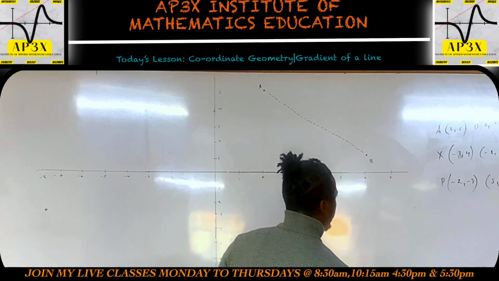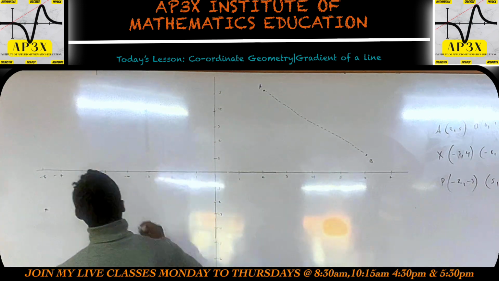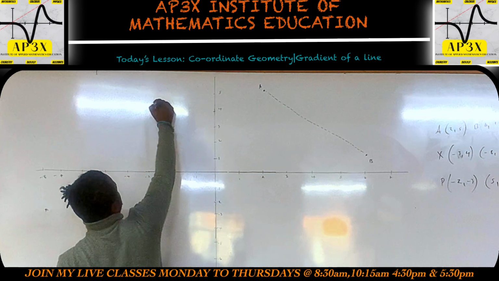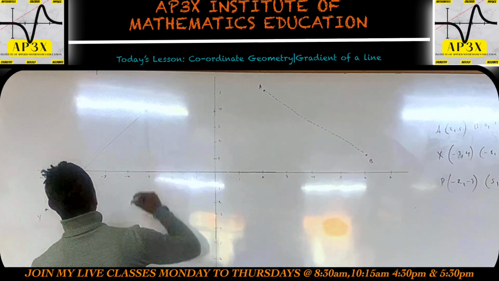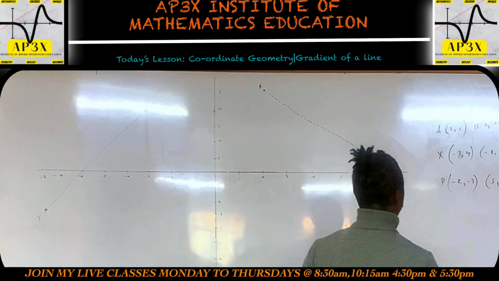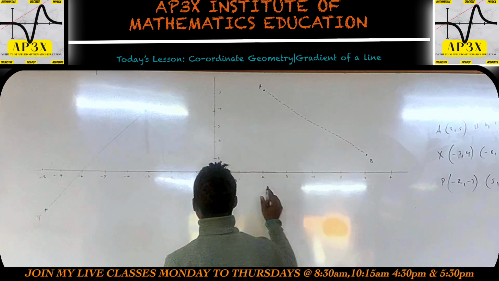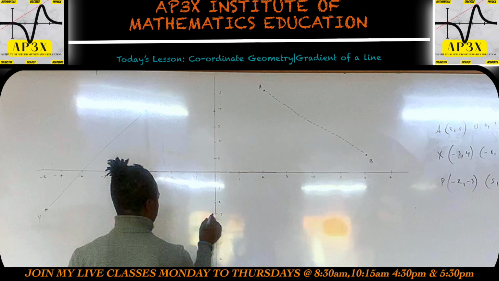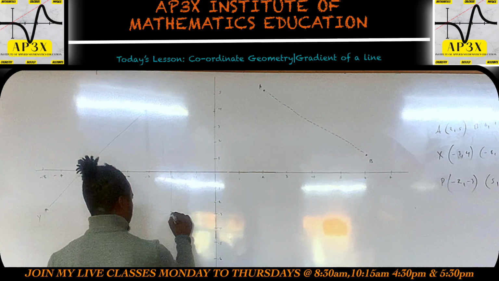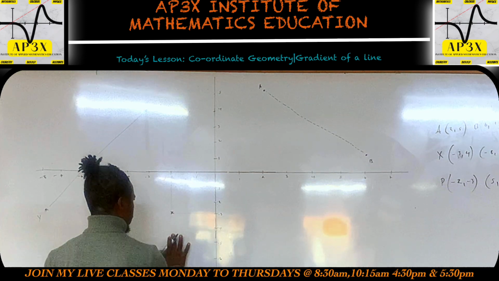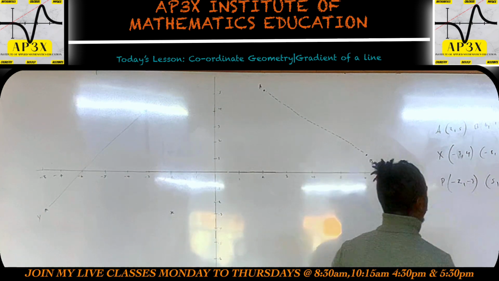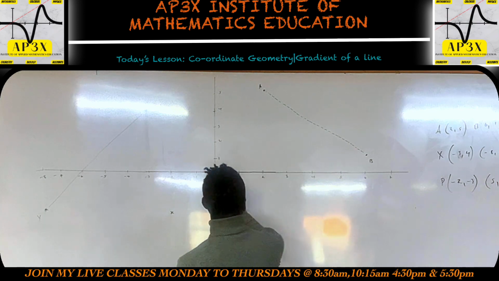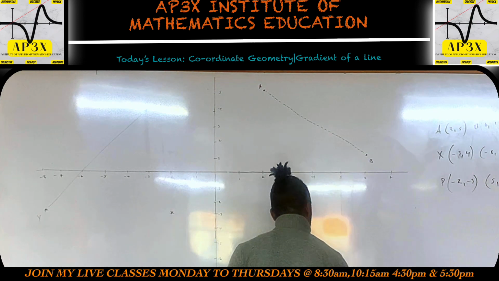And then my next points are, okay, so this is going to be X and Y. That's my line. And the minus 2, minus 3. And then, of course, 5, minus 7.